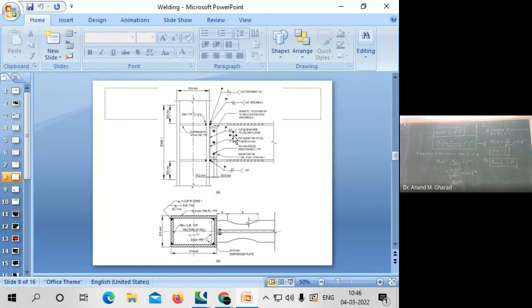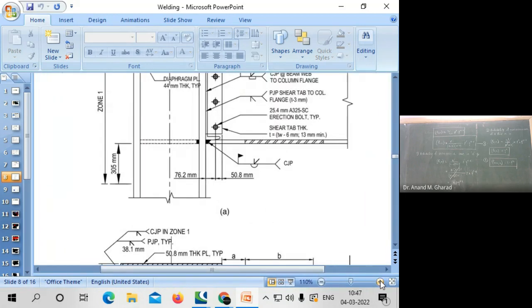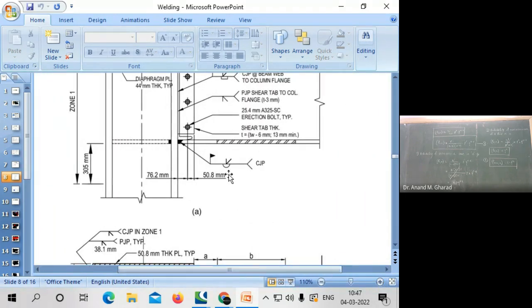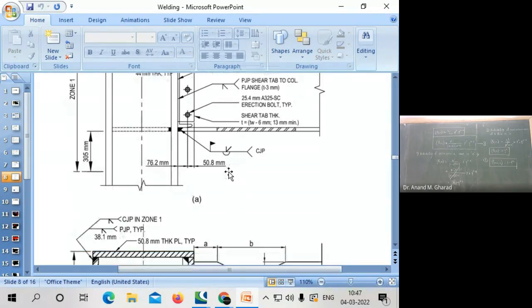This is just for your reference. So the meaning of CJP must be something. The exact meaning has to be mentioned on this side of the drawing sheet in the form of notes. Okay. So this is a typical welded connection symbolic representation which is provided over here. Okay. And this is how you are supposed to draw the drawings.